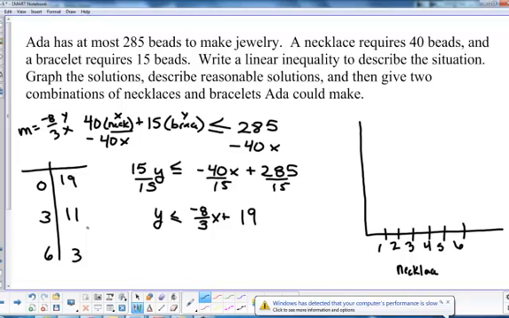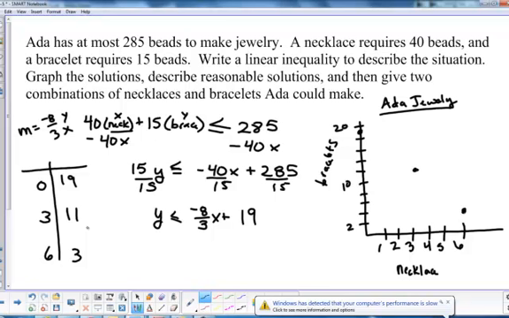And my Y is how many bracelets. And in the Y I need to get up to 19. And how about if we say Ada's jewelry? Okay, so 0 gives 19, 3 gives 11, and 6 gives 3.